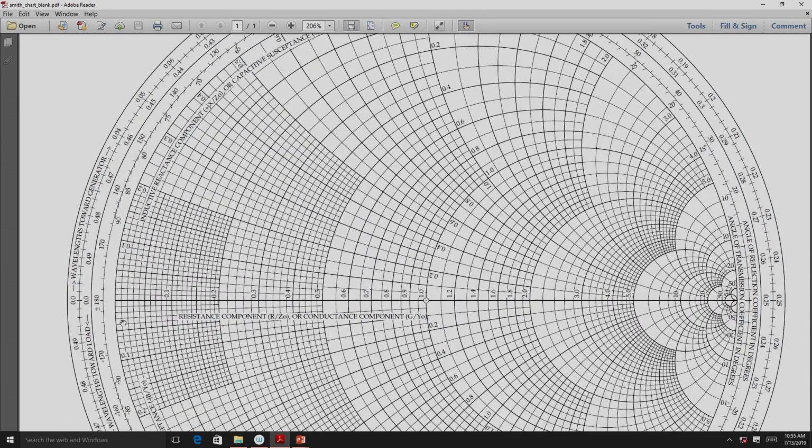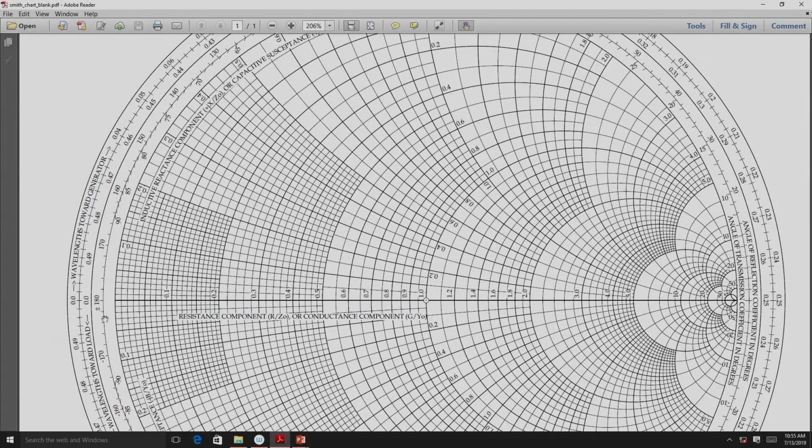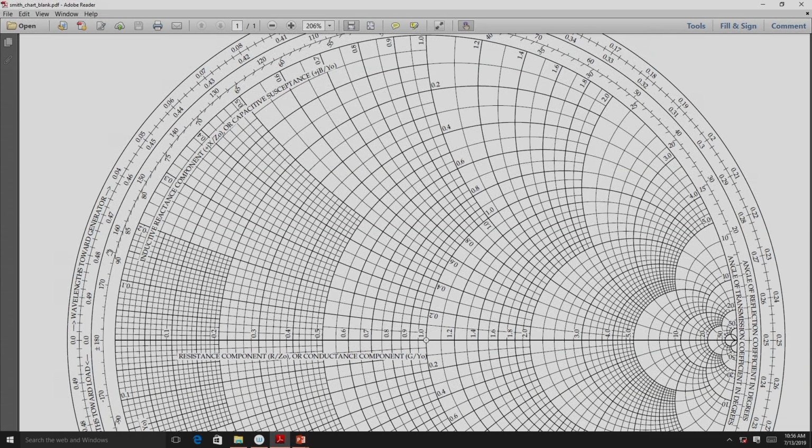Now, we can see that here at the periphery of the chart we have the wavelengths marking. Please note that in a Smith chart, if you move around the center of the chart, make a complete circle, then essentially a lambda by 2 distance is covered on the transmission line.